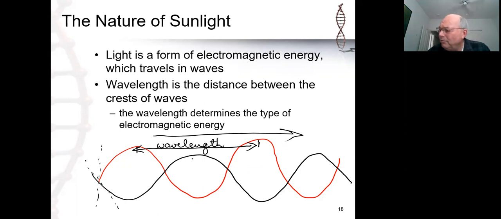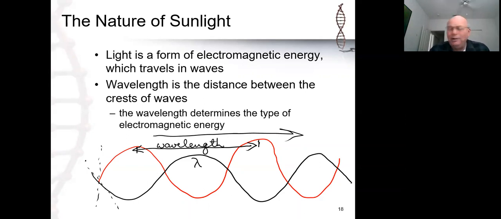And we typically give the wavelength the symbol lambda. That's the lower Greek letter lambda, and that is the typical symbol for wavelength. So if in your outside studying you come across reference to lambda, that's referencing wavelength.